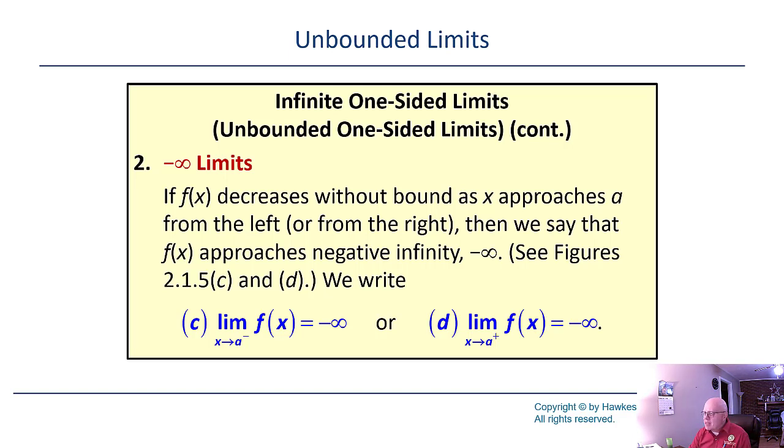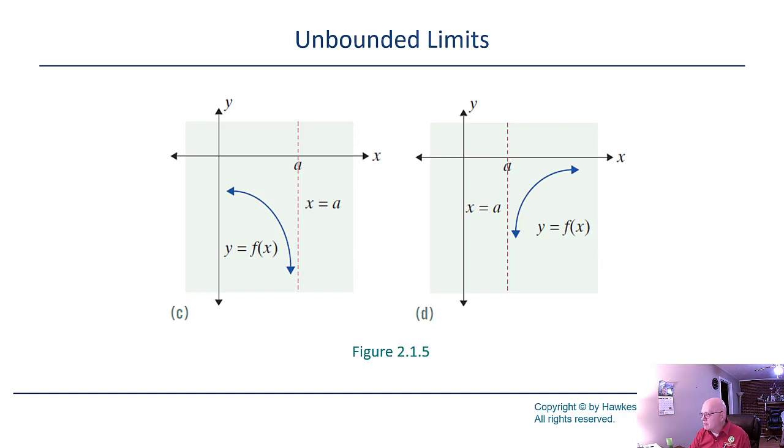And it's pretty much the same thing for negative infinity limits, except we're going in the other direction. In this one, notice that we're coming from the left, going this way, which means we're going along the curve. What's happening to the y values?